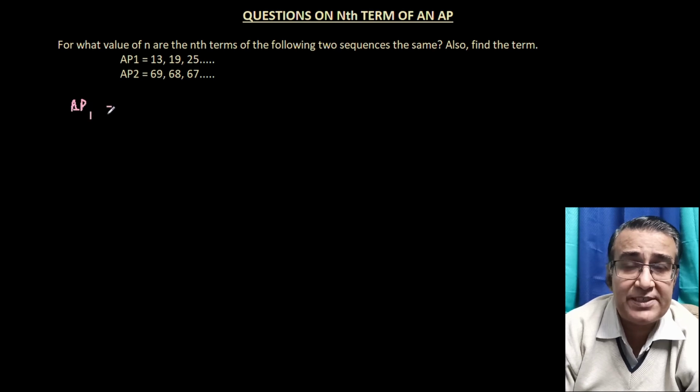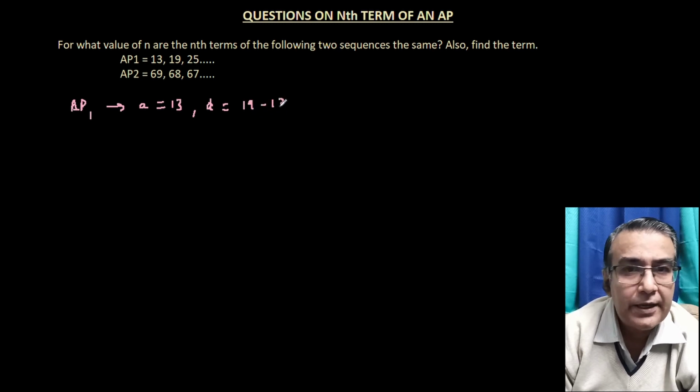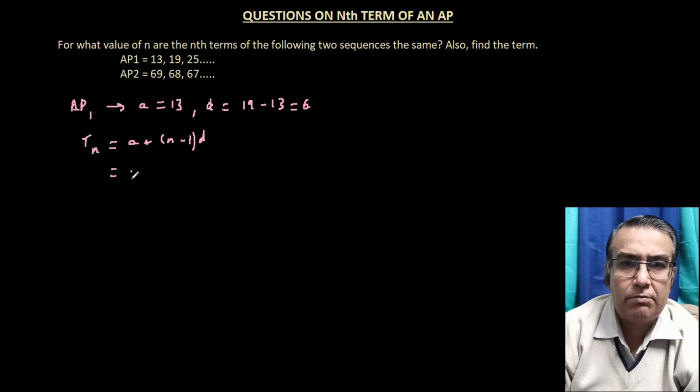The first AP, we can see that A is the first term, which is equal to 13. D is the difference between the second term and the first term, or any term minus the previous term. So in this case, let's take it as 19 minus 13, which gives us 6 as the value of D. So obviously the nth term of this sequence is going to be Tn is equal to A plus n minus 1 times D. Substituting the values, we get 13 plus n minus 1 times 6.